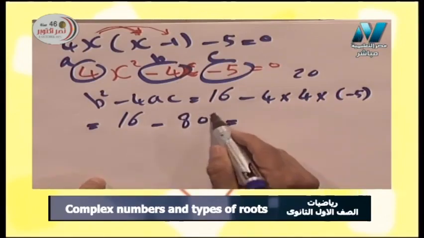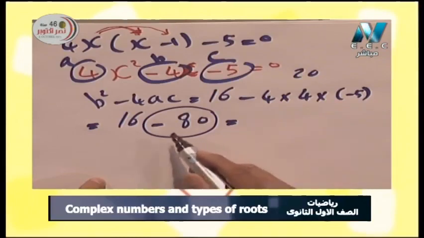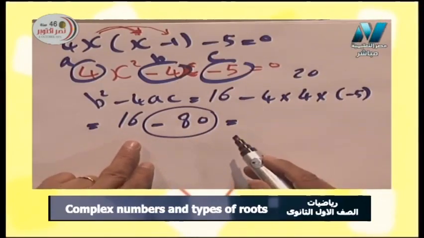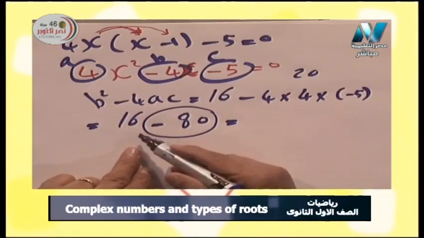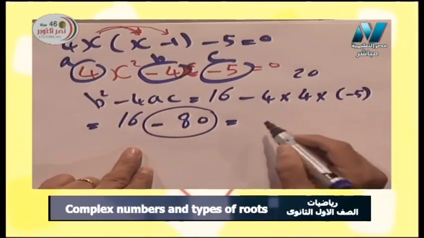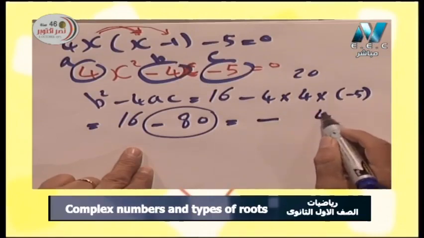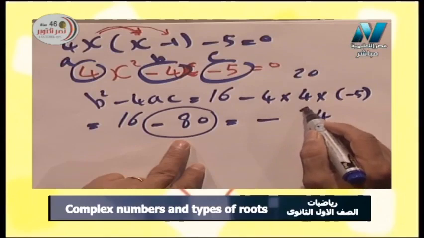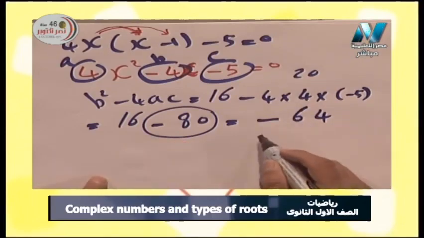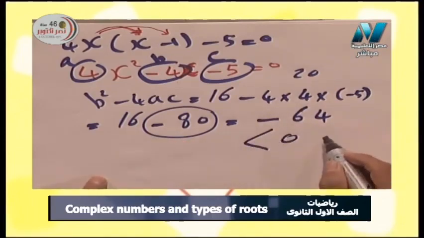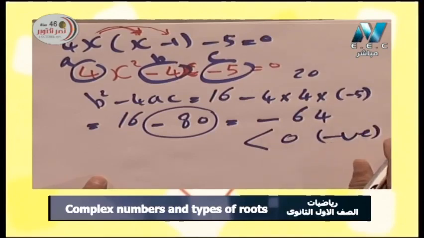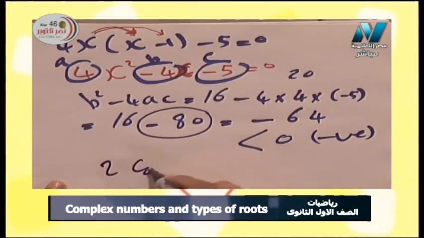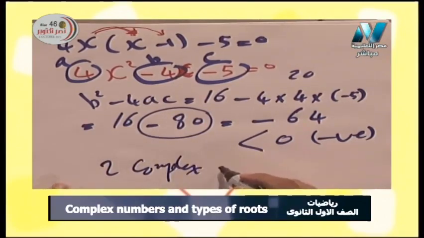Of course the result is a negative number, because 80 is more than 16. The answer is negative 64. It's less than 0, a negative number, so the equation will have two complex roots.